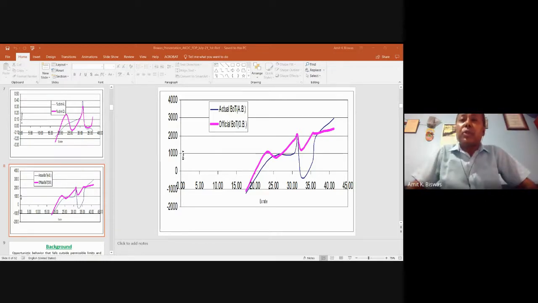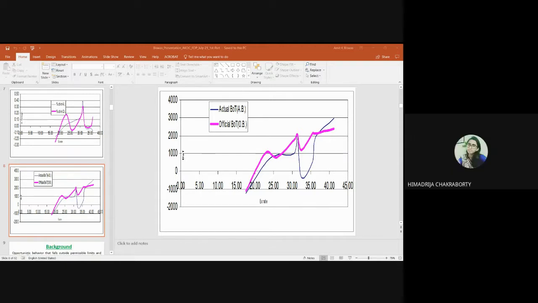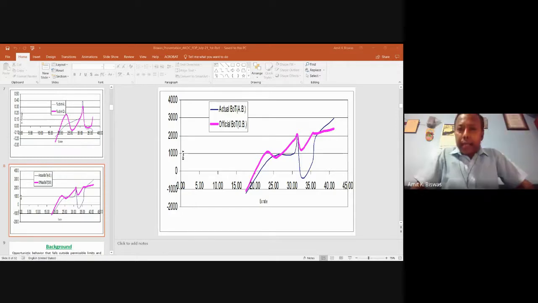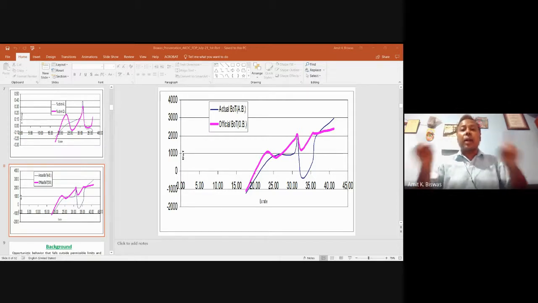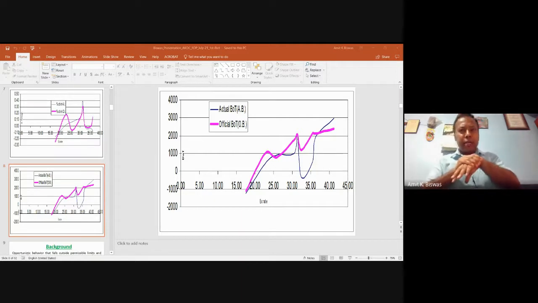Which should Tanushree do to gain in the foreign exchange market? $800. Yes, Himadrija, I should be doing option 2, which is $800, because by underreporting, I save $200.